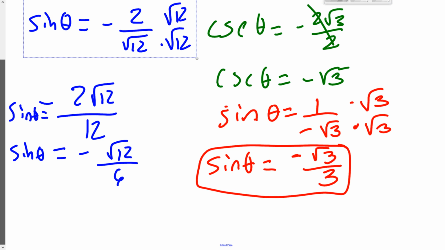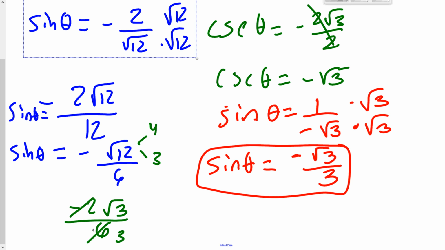Break down root 12 now. That's going to be 2 root 3, because 4 times 3, and we know the square root of 4 is 2. Then we got 6, that's going to break down to 3 and a negative 1. So we get the same answer, negative root 3 over 3.